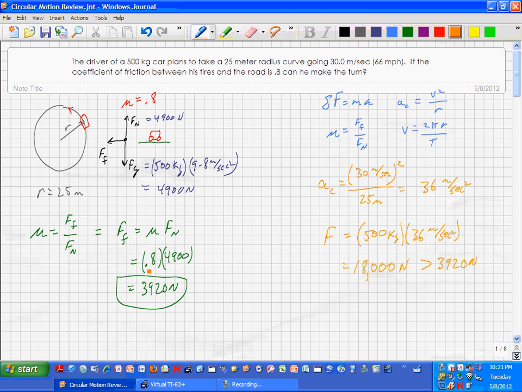The other way we can do this is we can take this force and figure out an acceleration. So this 3,920 newtons is equal to that 500 times the acceleration. So that means the maximum acceleration that this car can generate before going off the road is going to be 3,920 divided by 500.